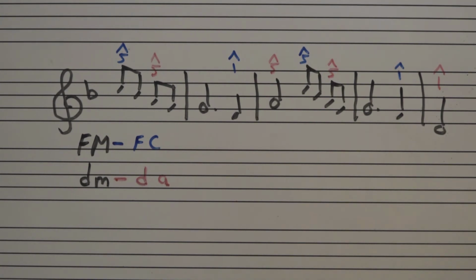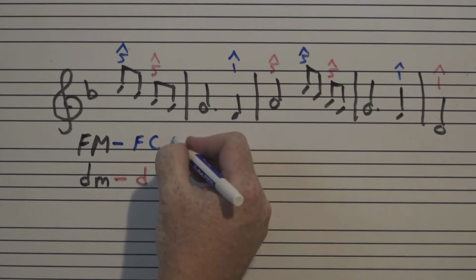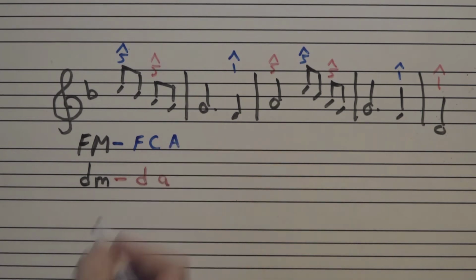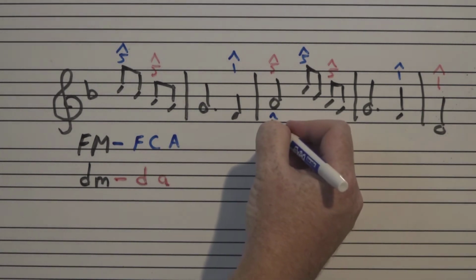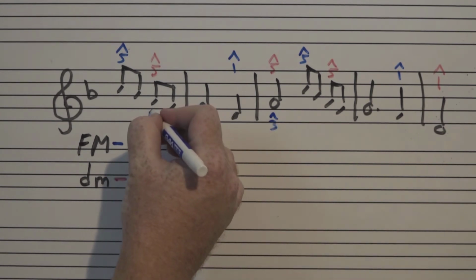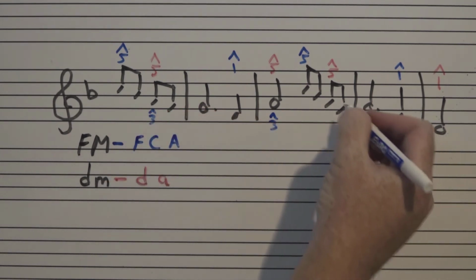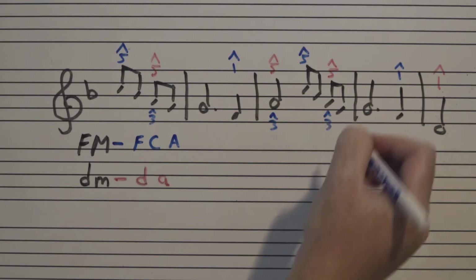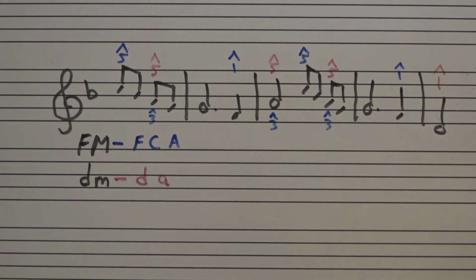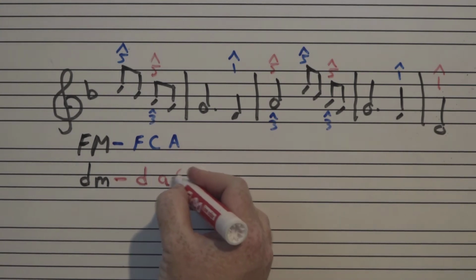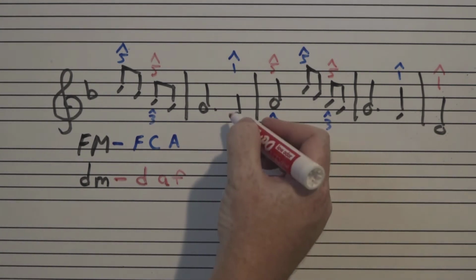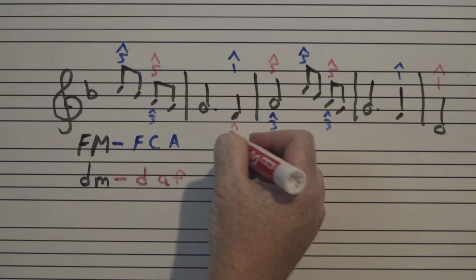Sometimes it can be helpful to find scale degree 3. Let's start with F major. Scale degree 3 is A, and that's right here, scale degree 3. And scale degree 3. And scale degree 3. And scale degree 3 here is F, and there's 1 right here, scale degree 3.